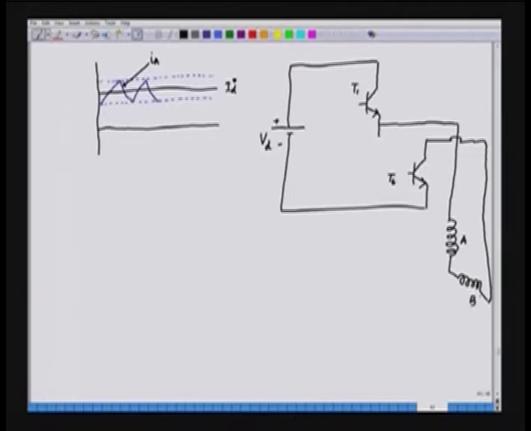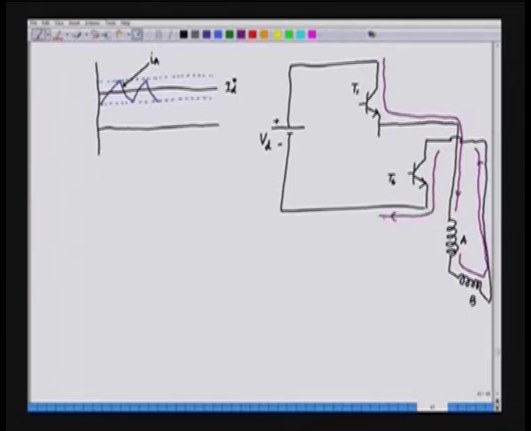this particular transistor. So, in this case when we turn on T1 and T6, the current flows in the following fashion. The current flows like this, it goes to phase A and returns back through phase B back to the source here.